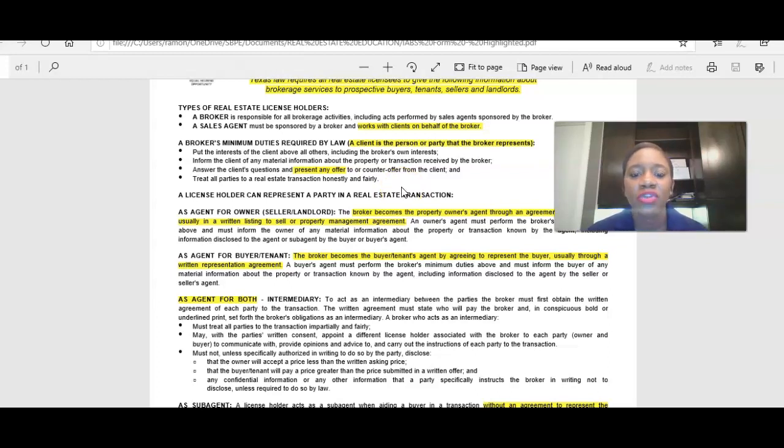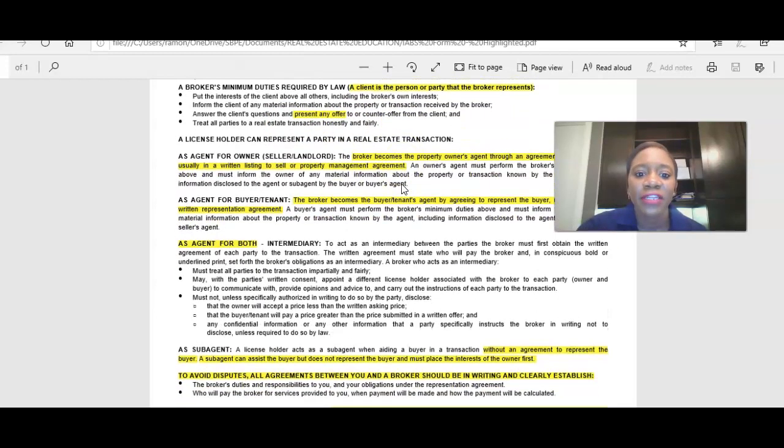So we have to make sure that if we're going back and forth in negotiation, we share that information with you and ultimately let you make the decision. Treat all parties to a real estate transaction honestly and fairly. So that means that we have to follow housing laws, housing policies, and all of those things to make sure that everyone is treated honestly and fairly.